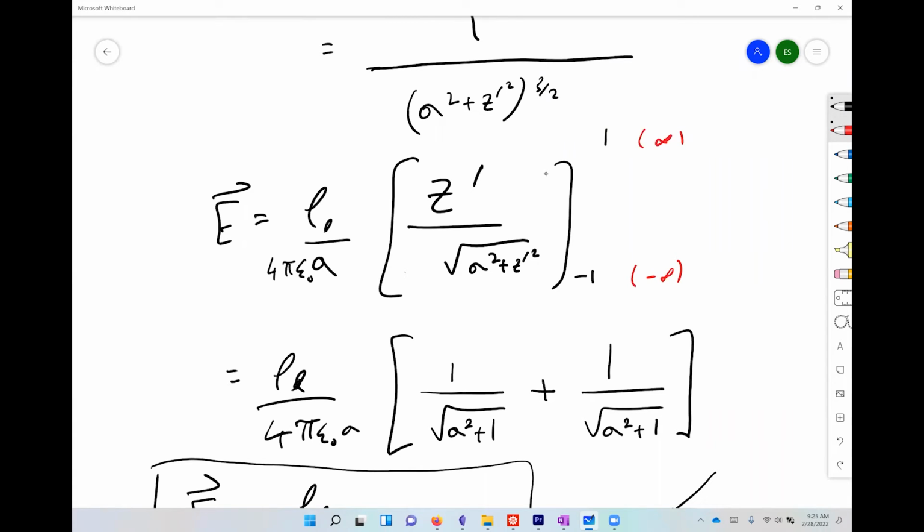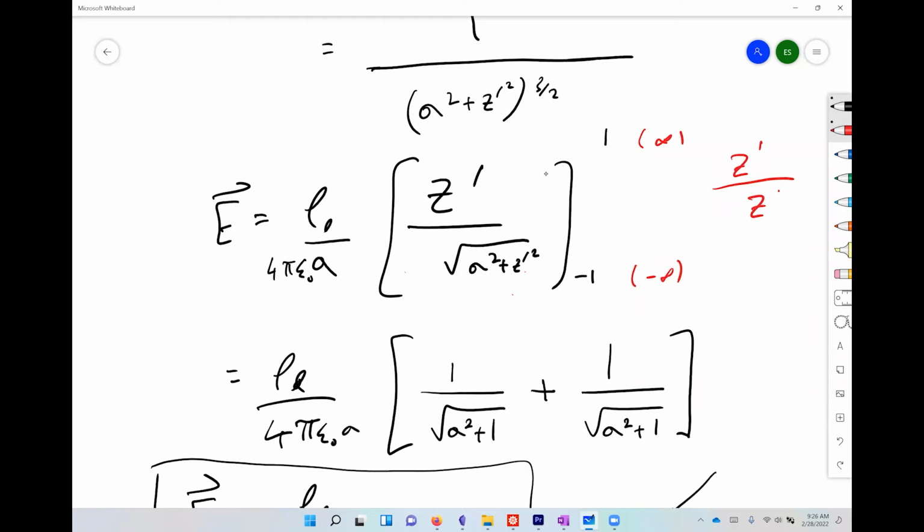Yeah, that's easy. So z prime is infinite, right? Because z prime is infinite, this is going to be z prime over the square root of z prime squared plus a squared, and that's always going to equal z prime squared, right? So a squared is much smaller than z prime squared, so I can take the limit as it reaches infinity. I can ignore a, and I end up with the square root of z prime squared, which is z prime.